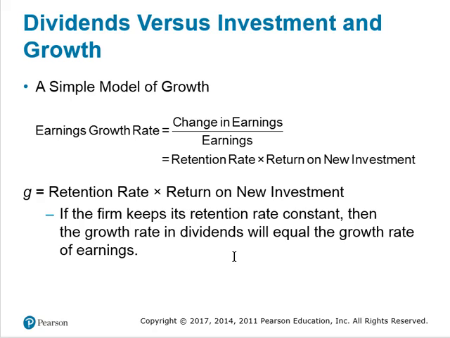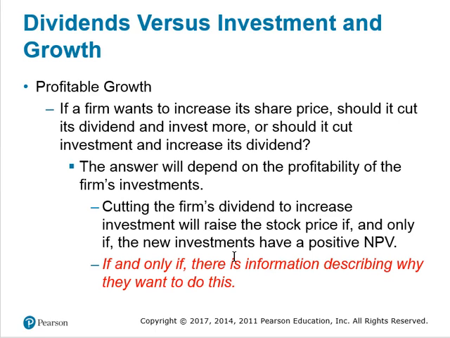That assumption is that the managers of the company, the board of directors, are always going to retain the exact same amount. If they change how much they keep, that obviously changes the amount of dividends, and then this equality will no longer hold.